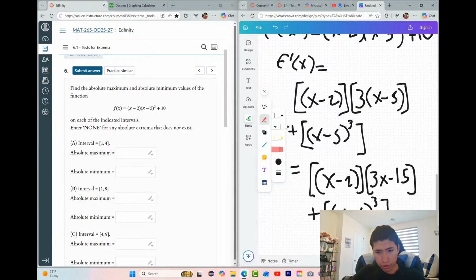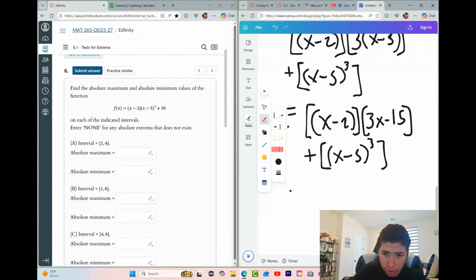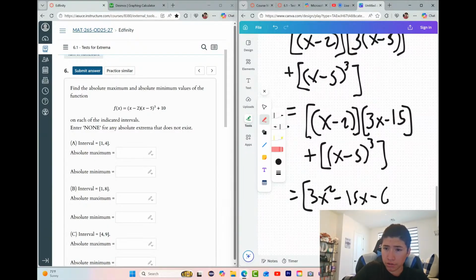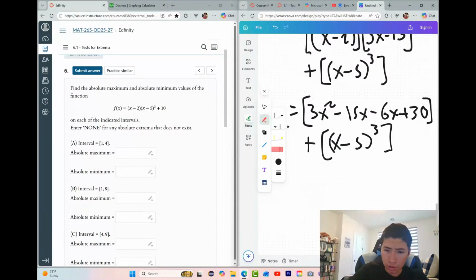And I think we should expand this top part. So we should have 3x squared minus 15x minus 6x plus 30 plus x minus 5 cubed. Looking pretty.